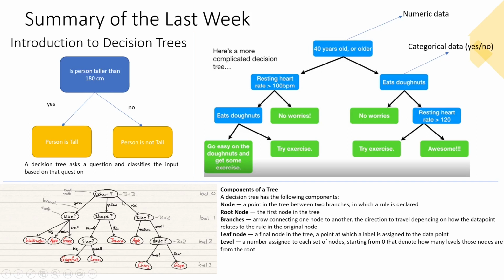And all these levels represent the levels of the tree. In this case, the root node stands at level 0. This is level 1 of the tree. This is level 2 of the tree, and this is level 3 of the tree.